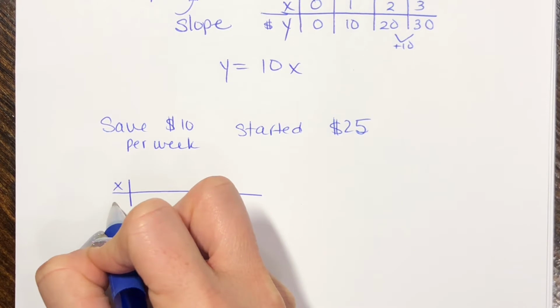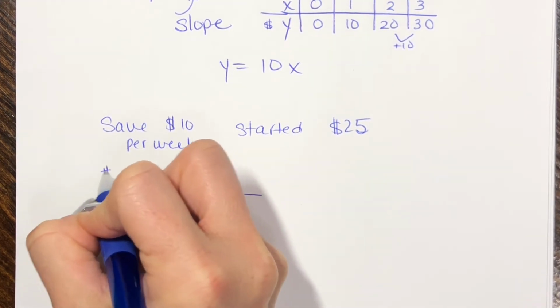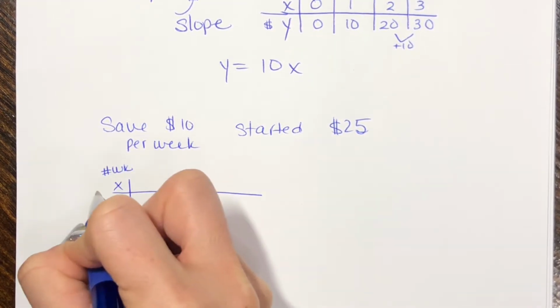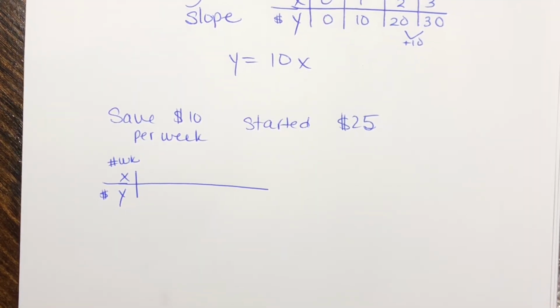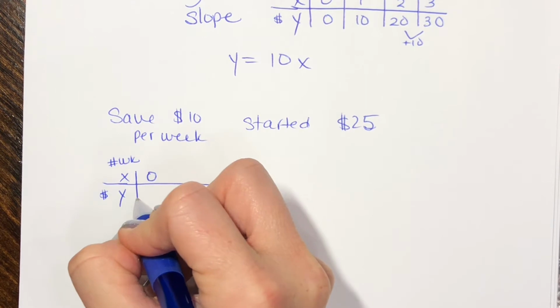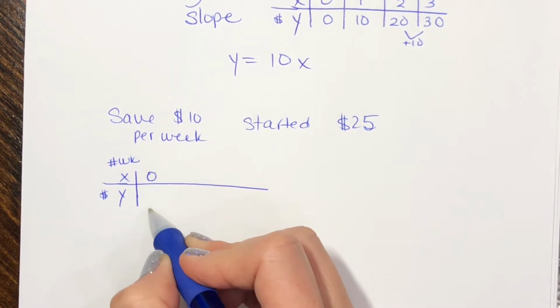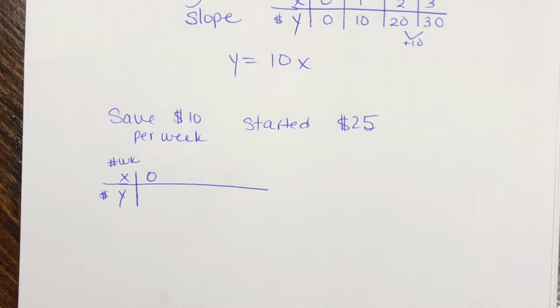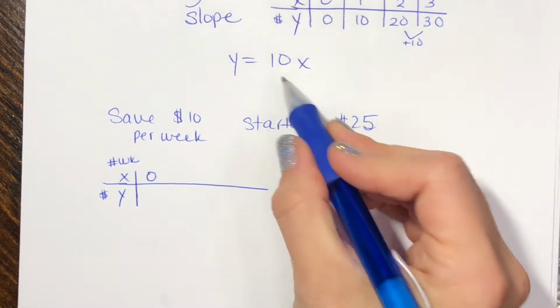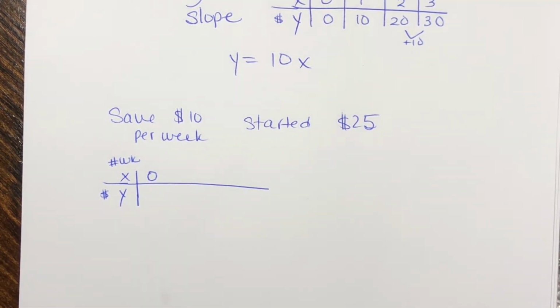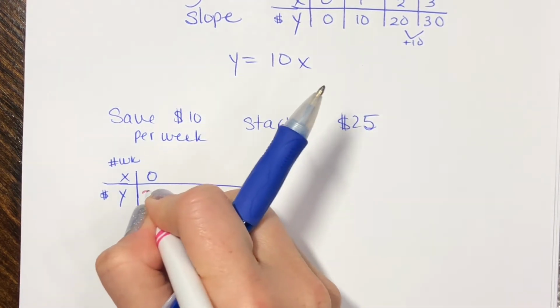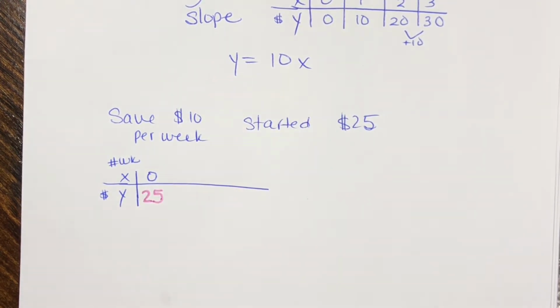So if our table of values, and we go back to x being the number of weeks that we had been saving for, and y being the total amount of money we have, that would change things because for the last week, we've been talking about 0, 0, and the constant of proportionality. But I'm already starting out with some money in my bank account, which means for the first time, it's not 0, 0.